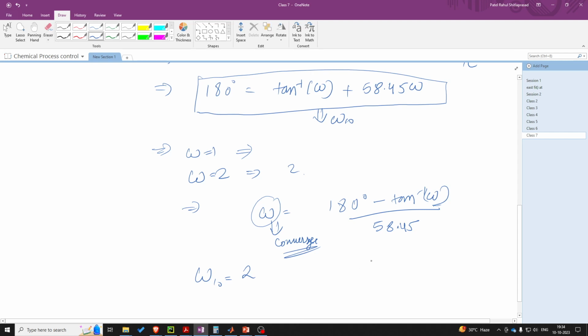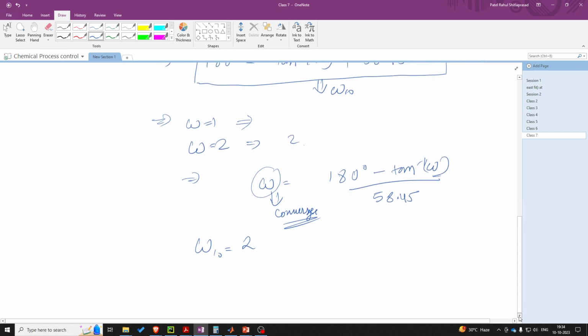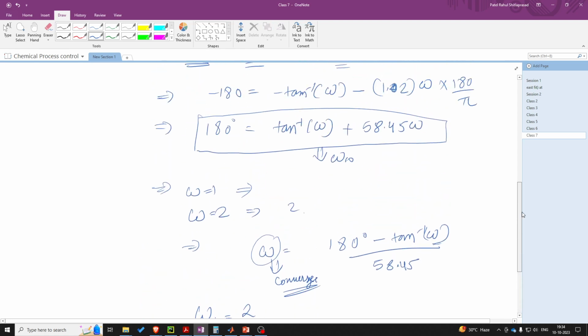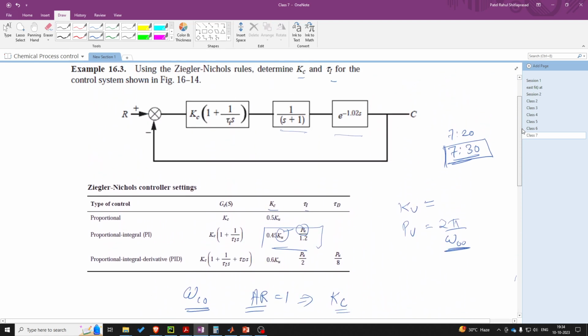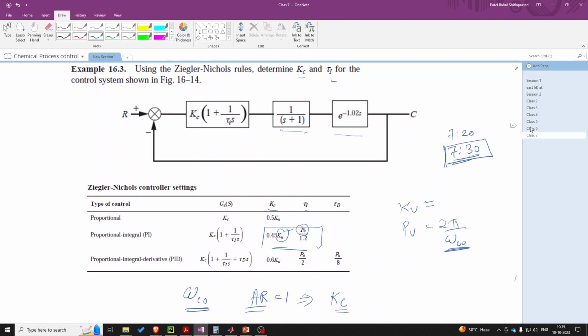So once you have this value, you can calculate the amplitude ratio. So amplitude ratio is nothing but the product of the amplitudes of individual blocks. So for the first order term, that is Kp upon tau s plus 1, it is usually Kp upon under root of omega square tau square plus 1, and for this exponential lag, it is nothing but simply 1.